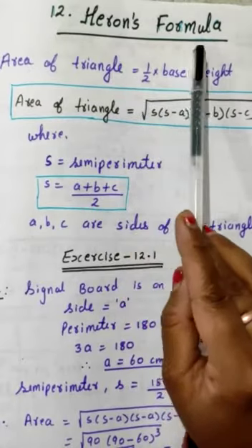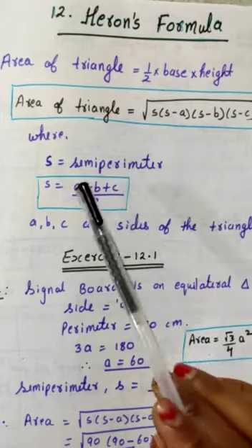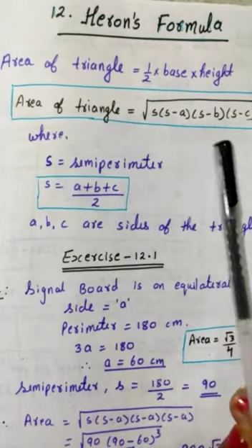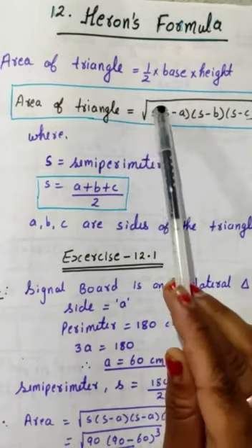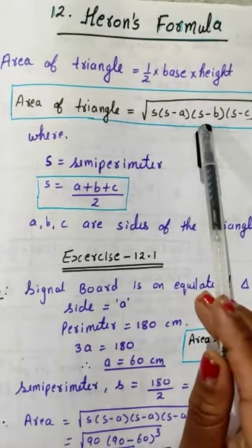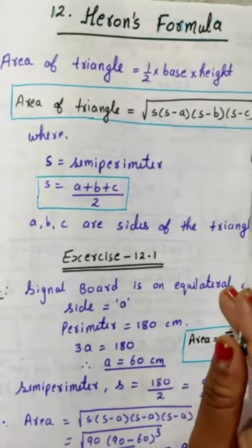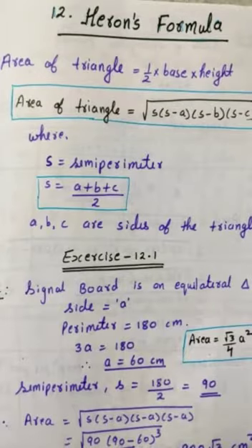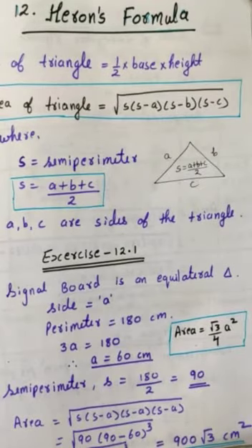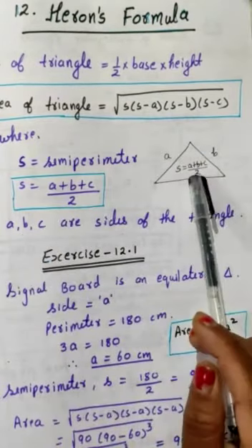Since this formula was introduced by an Egyptian mathematician, it has been named Heron's formula. The formula is given by square root of s(s minus a)(s minus b)(s minus c), where a, b and c are the three sides of a triangle, and s is the semi-perimeter.